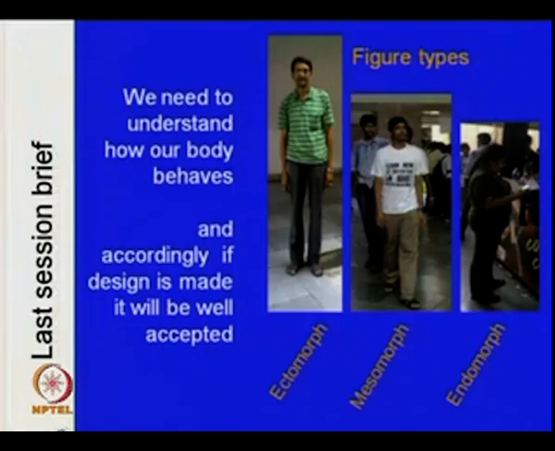We need to understand how our body behaves, and accordingly, if the design is made, it will be well accepted. Human body behaves means the structure, movement pattern, etc. Like we can say ectomorph, lean and thin body structure; mesomorph, mostly the muscular body structure; endomorph is a fatty body structure.